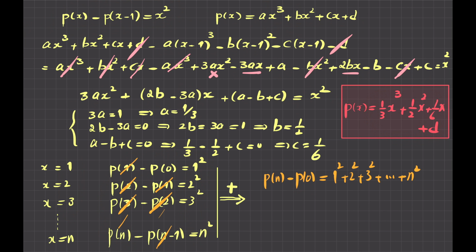P of n becomes a third n cubed plus 1 over 2 n squared plus 1 over 6 n plus d. But what is p of 0? Again d. What is on the right hand side? Exactly the sum I am interested to calculate. Yes? So then what happens? This d and that d are gone. I am done. So this one is equal to this sum.